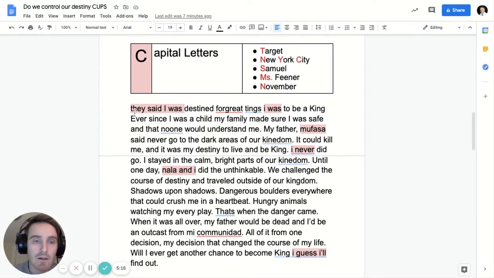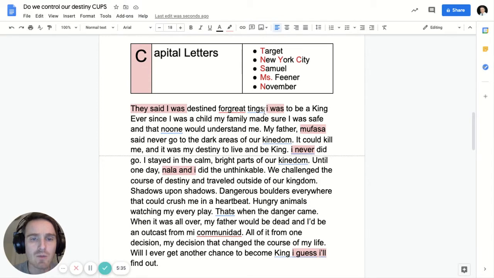So first things first, you always want to make sure that the beginning of sentences, the very first word, has a capital letter. They said I was, right? So always begin your sentences with a capital letter.